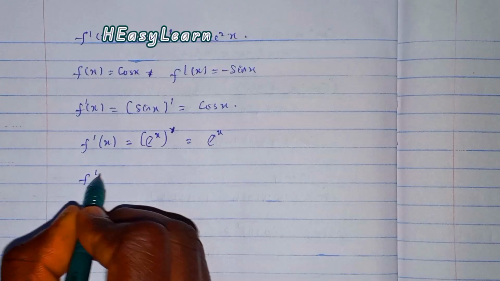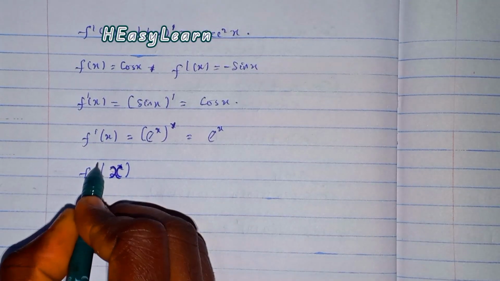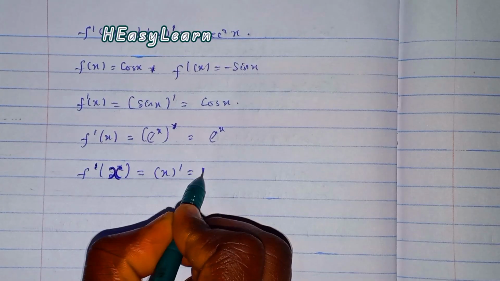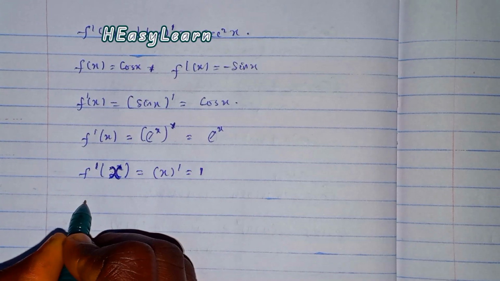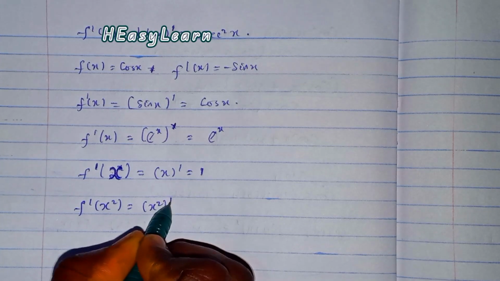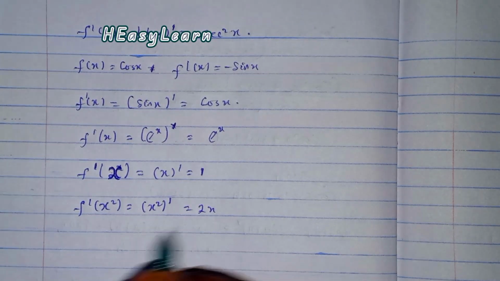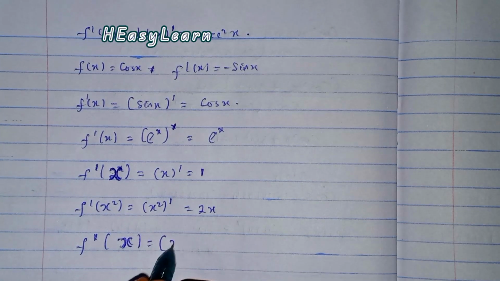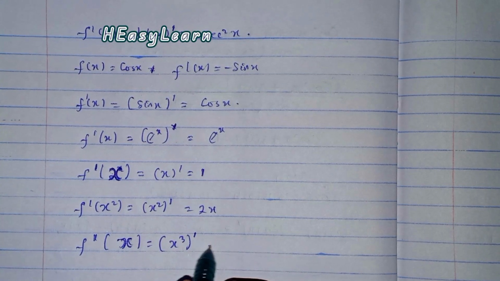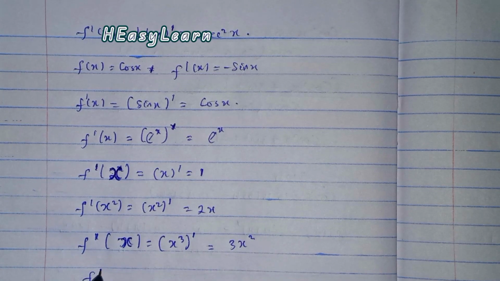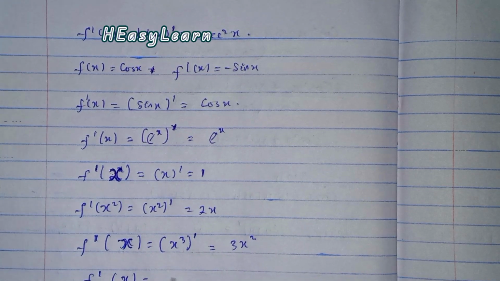The derivative of the function x is equals to x prime, which is equals to 1. The derivative of the function x squared is equals to x squared prime is equals to 2x. The derivative of x to the power of 3 is equals to 3x squared. The derivative of any constant function is 0.